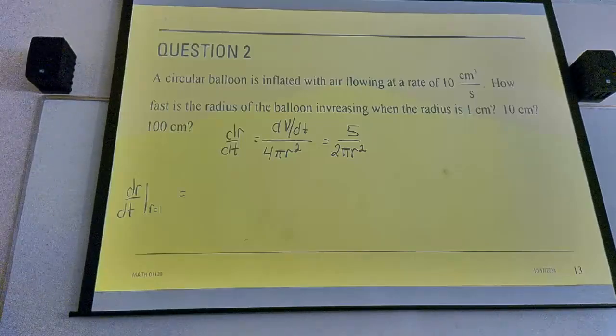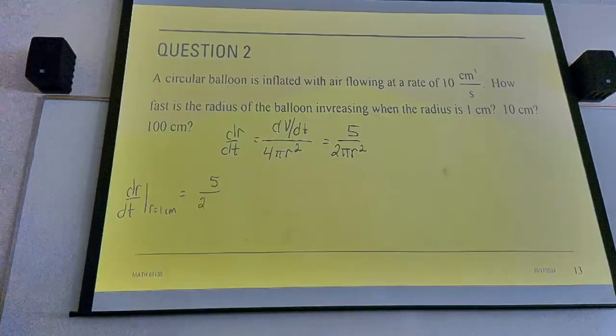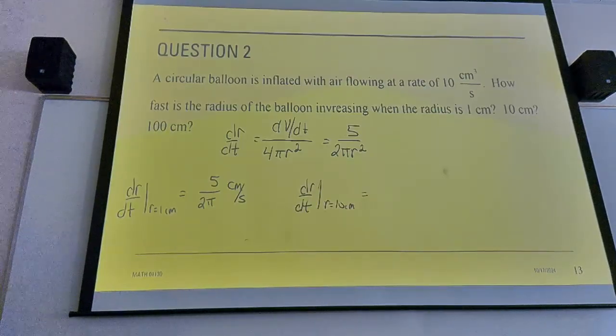What is dr/dt when r is 1, specifically 1 centimeter? 5 over 2 pi. At 10 centimeters. Reduce that.